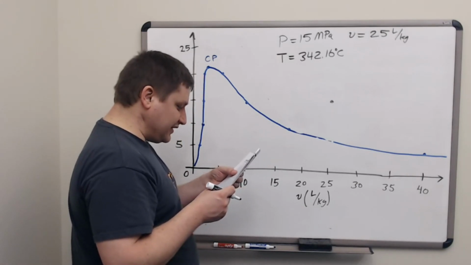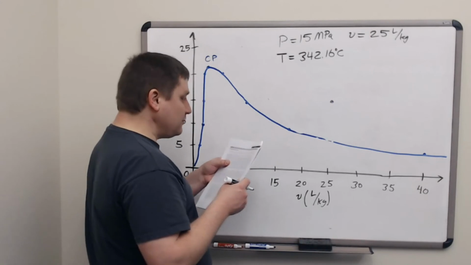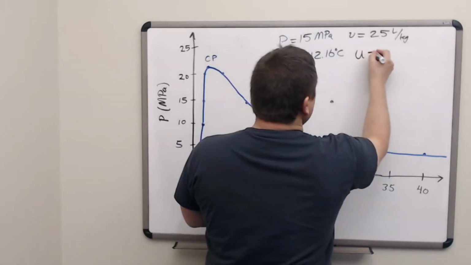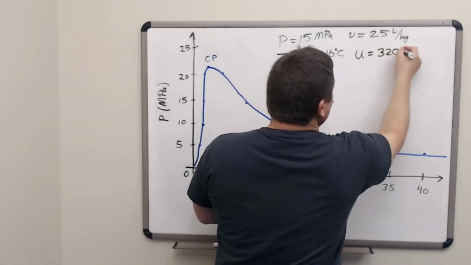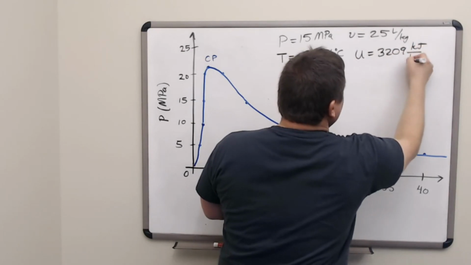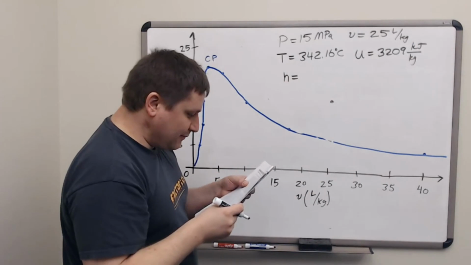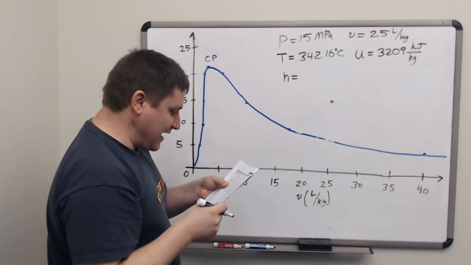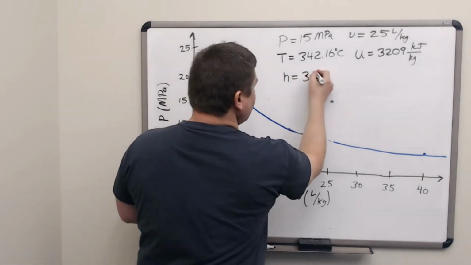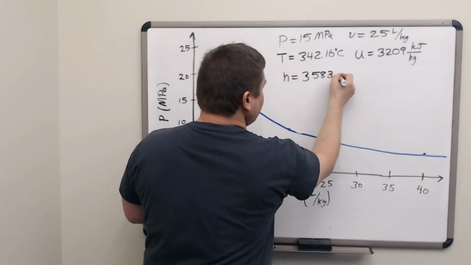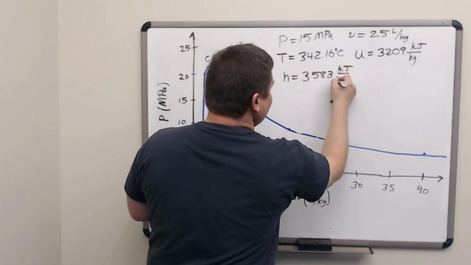The internal energy would be 3209 kilojoules per kilogram. The enthalpy per unit mass would be 3583 kilojoules per kilogram.